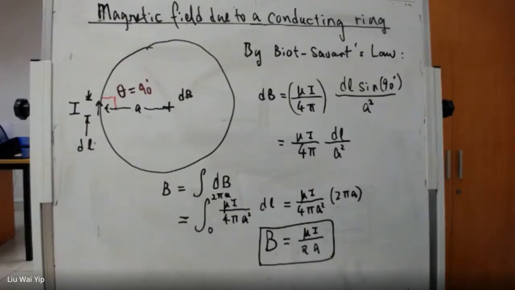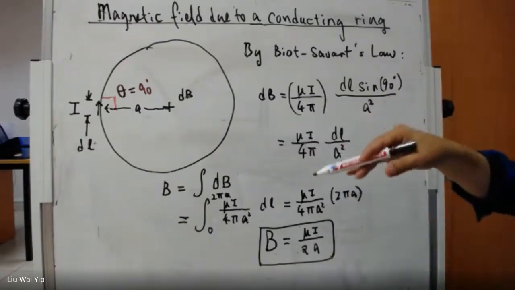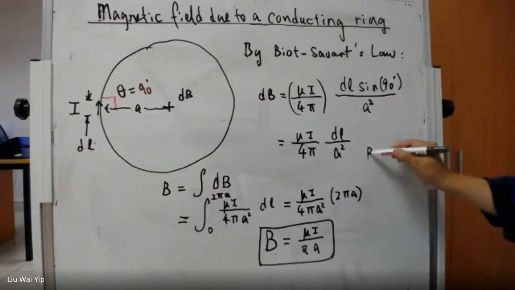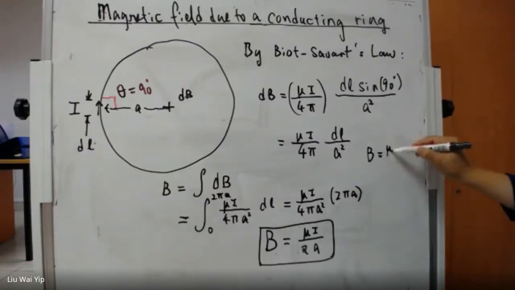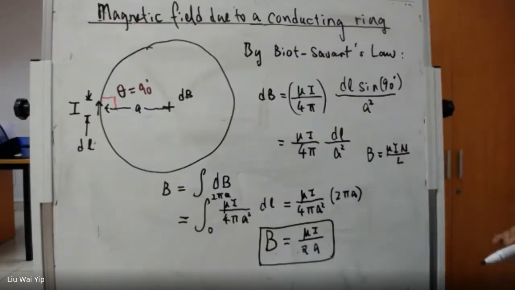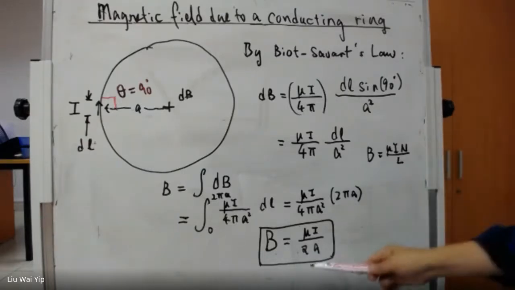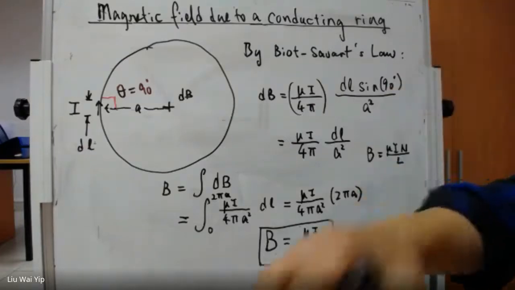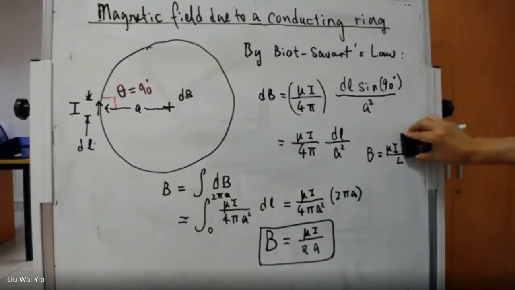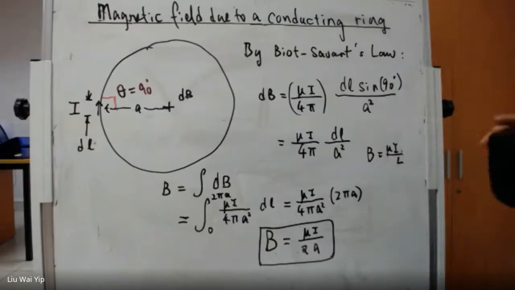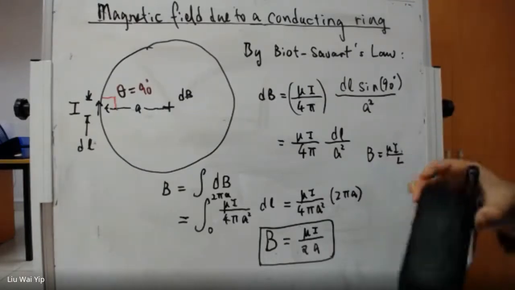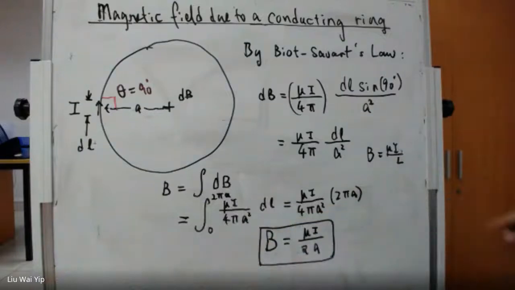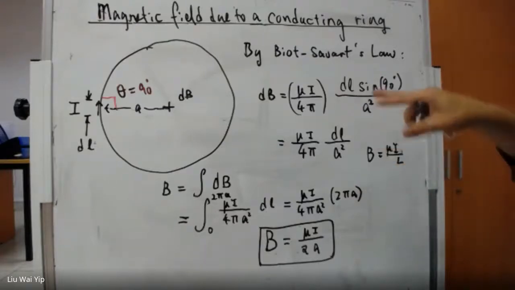From Ampere's law, for a one turn inductor, the magnetic field B is mu I times N divided by L. In this case, N is 1, so it is 1 over L, and 1 over L will be the height of this coil.